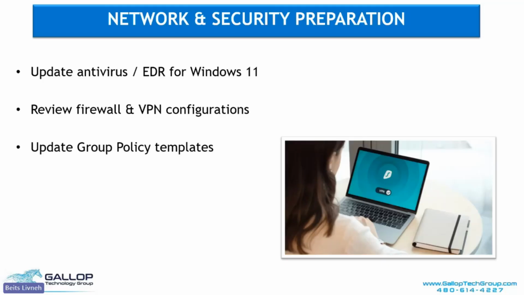And update any group policy templates. If you do have group policies from your domain controller, then your IT person or you should be able to go over those and make sure that those templates are compatible. Some of them won't be. You want to validate your Microsoft 365, OneDrive, and the backup agents, that they're all up to date and working.